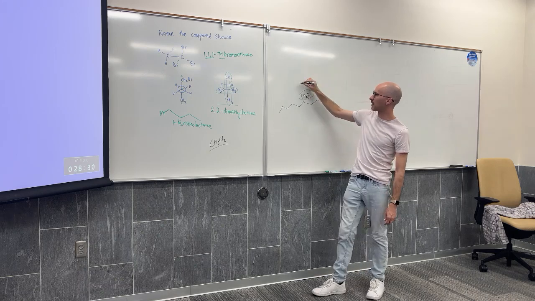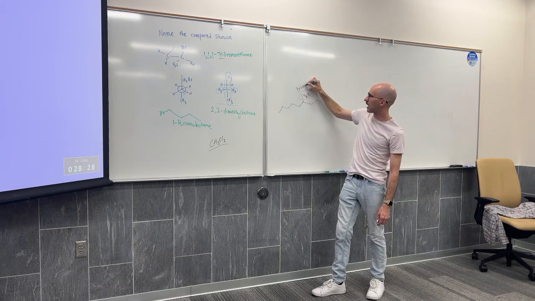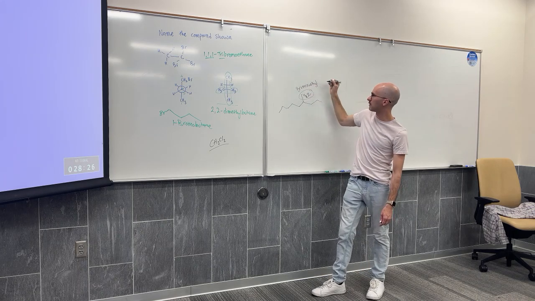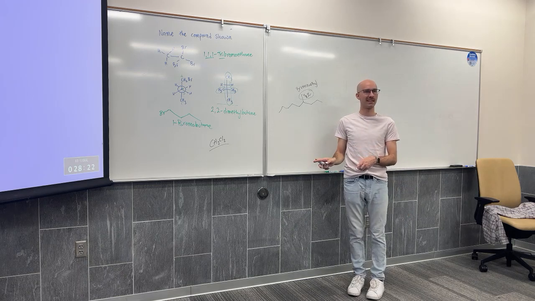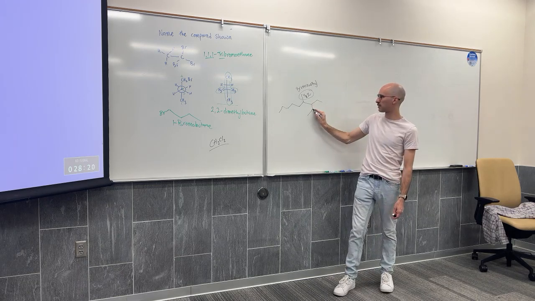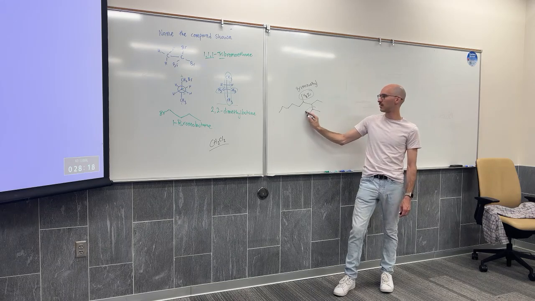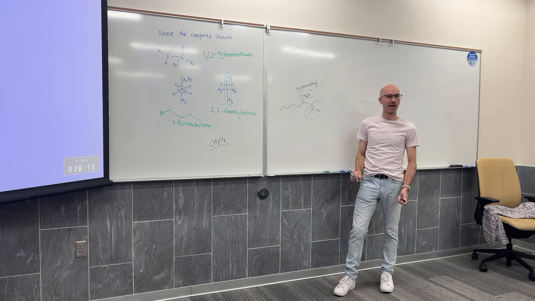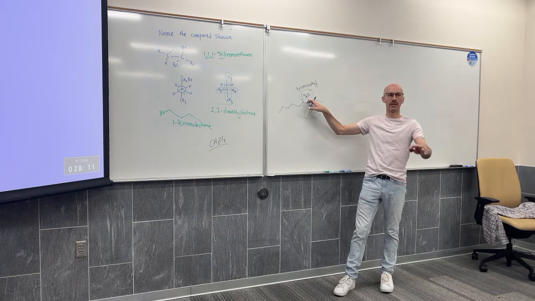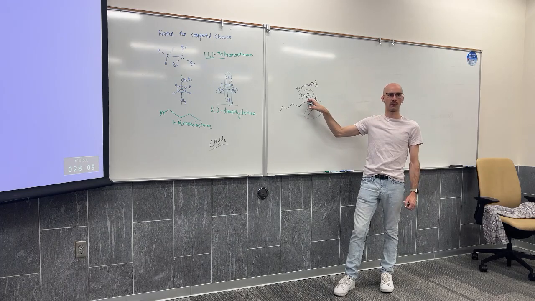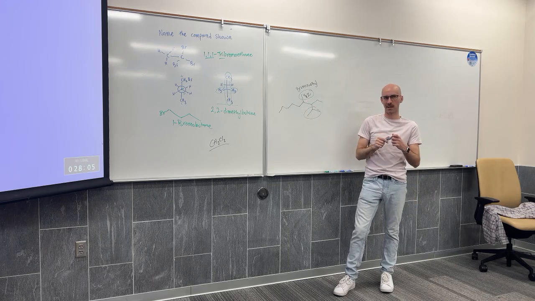I would name this substituent as a bromomethyl substituent, because it's a bromine-substituted methyl substituent. Kind of like how we have isopropyl, but we call it 1-methylethyl. So this is a systematic name. A common name would be calling it bromomethylene as a substituent.